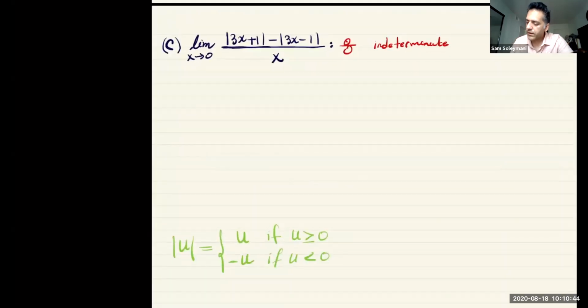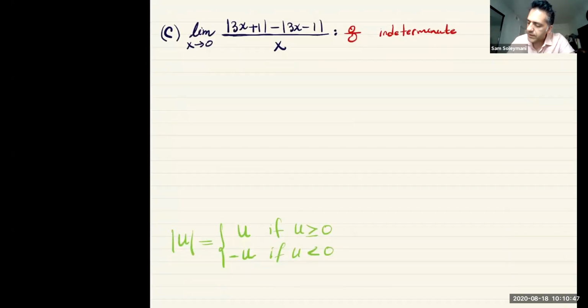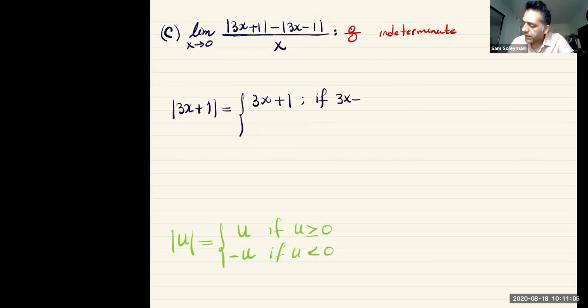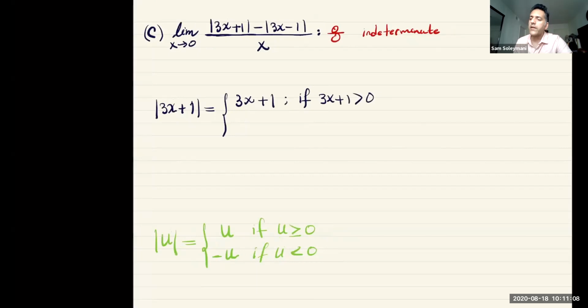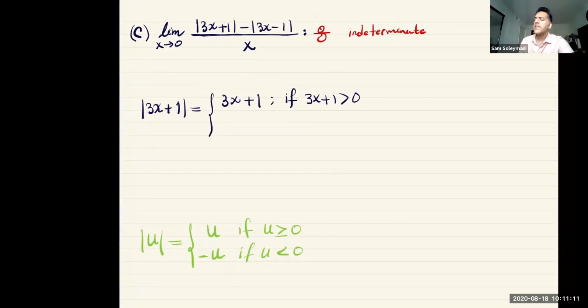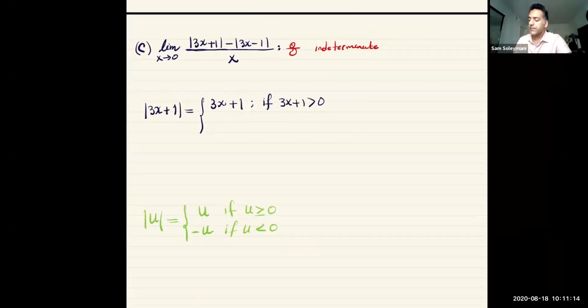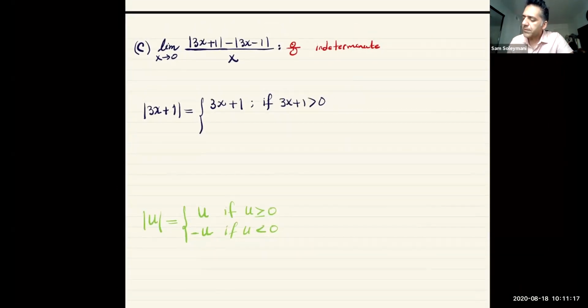All right. So now let's break down these absolute value functions. Hopefully this will work. Let's go with the absolute value of 3x plus 1. Okay, this has two pieces, either 3x plus 1, given that 3x plus 1 is positive. If 3x plus 1 is just positive, absolute value of it is itself. It's 3x plus 1. Okay? Well, 3x plus 1 being positive means that x is greater than negative 1/3.